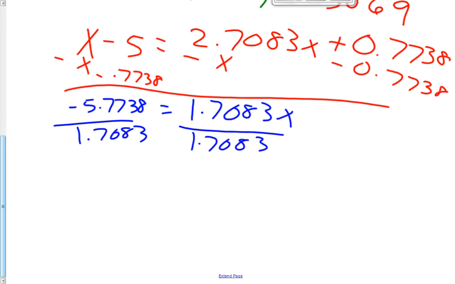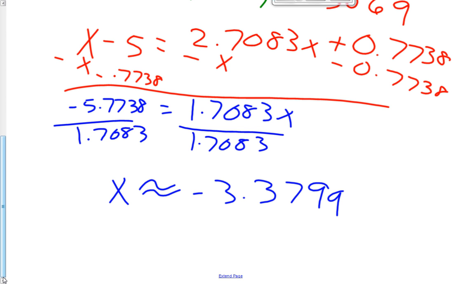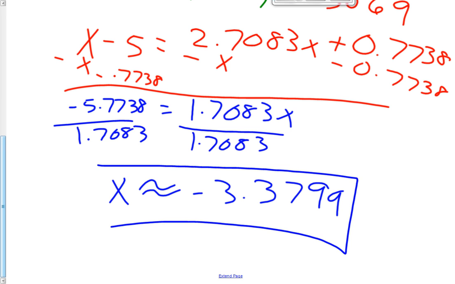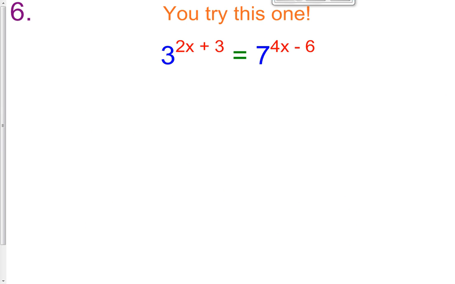And my solution then is x is approximately equal to a negative 3.3799. Quite a process to get the right answer. Why don't you guys try that one on your own, please?